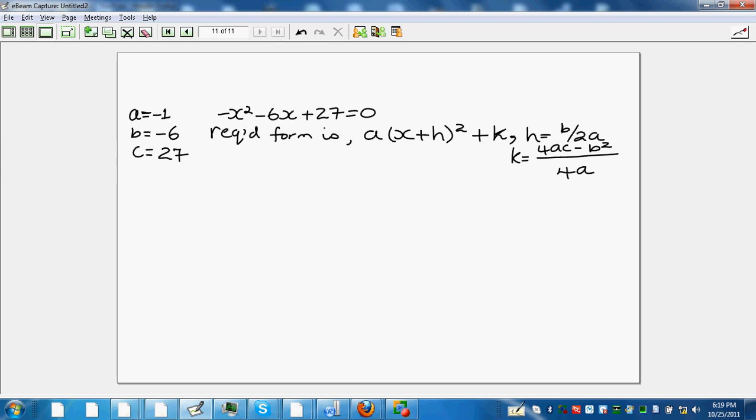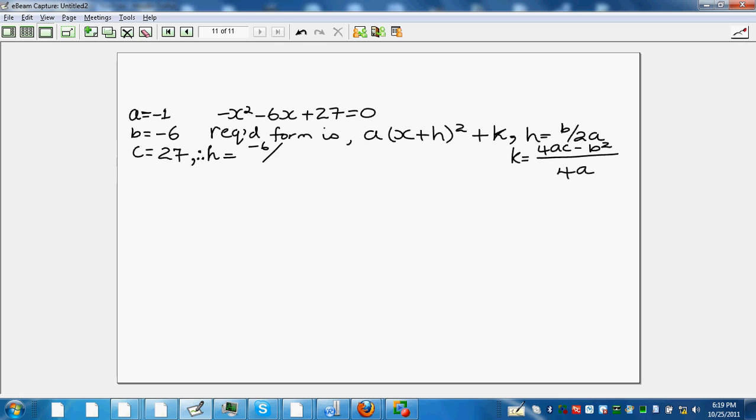So in this case then, let us work out what each one of those would be. Let us work out what h is. h would be equal to b, which is minus 6, all over 2a, which will be 2 multiplied by minus 1.